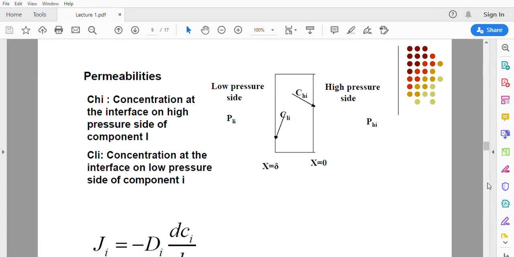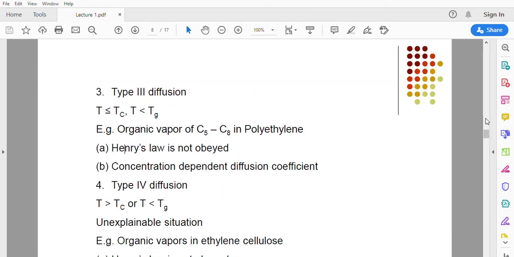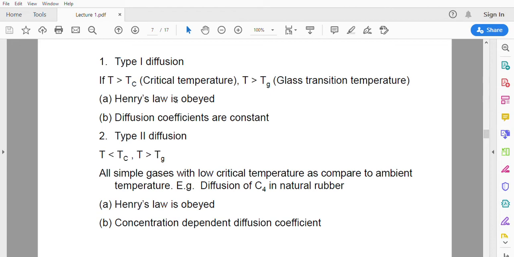So we will calculate the permeabilities for the first two conditions. The first condition is when you can use Henry's law and diffusion coefficients are constant, and the second condition is when you can use Henry's law and diffusion coefficients are concentration dependent.